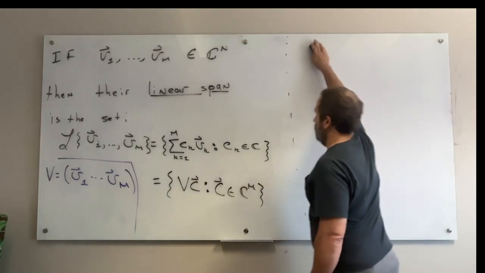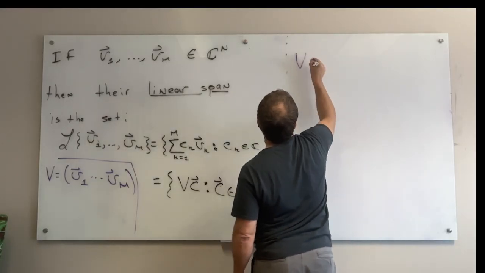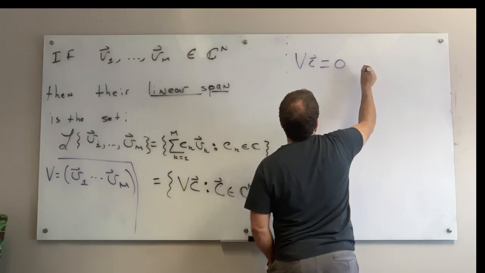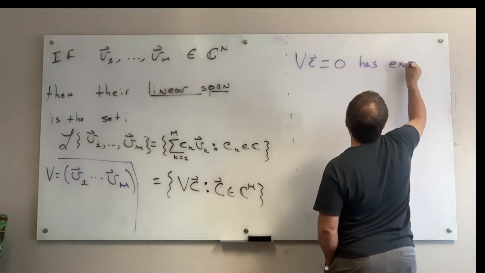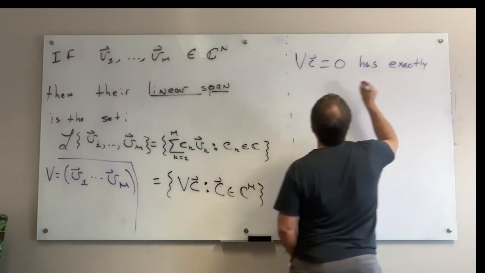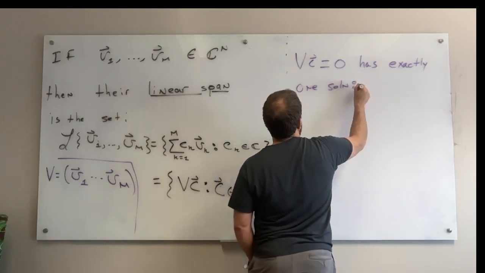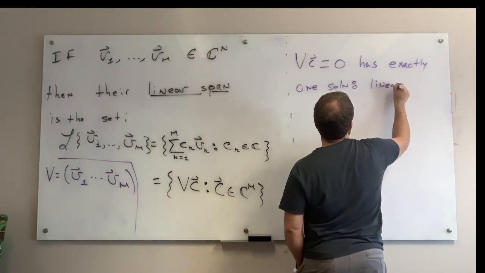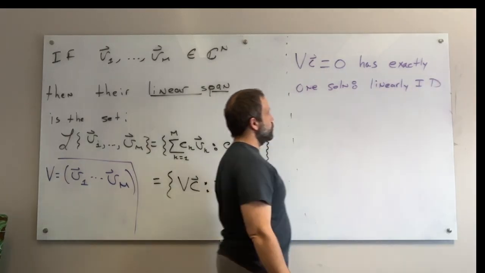The way that we can write this in terms of matrix vector multiplication and systems of equations: Vc equals 0 has exactly one solution means the set of vectors v1 through vn are linearly independent. I'm just going to write that as linearly ID because I'm running out of room.